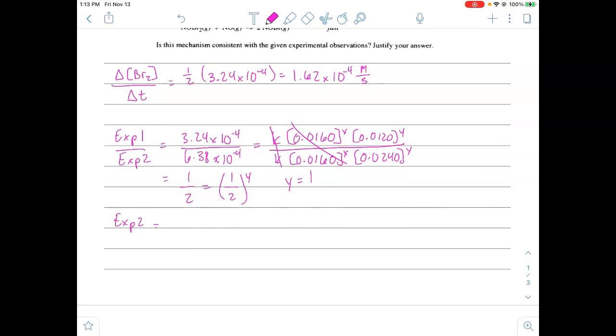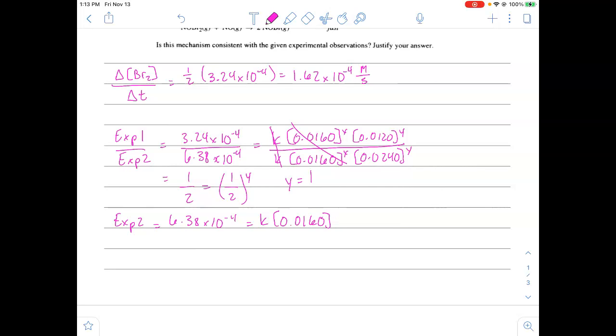For experiment 2, we know that our rate is 6.38 times 10 to the negative fourth equals K times 0.0160 raised to the 1, because we now know that it's first order.